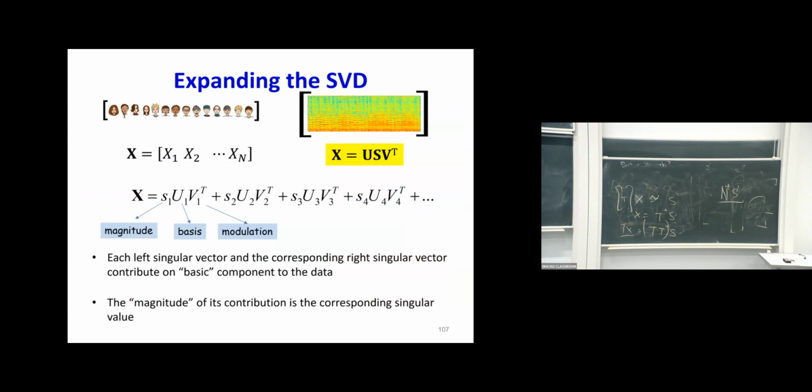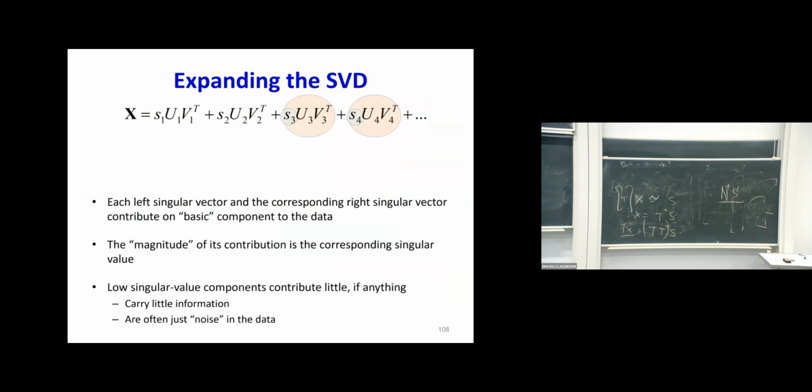You can think of the left singular vectors as the bases, and the right singular vectors as the weights or formulations, right? What this means is that each singular vector is contributing some aspect to the overall data. And the energy of the contribution is equal to the square of the singular value, right?